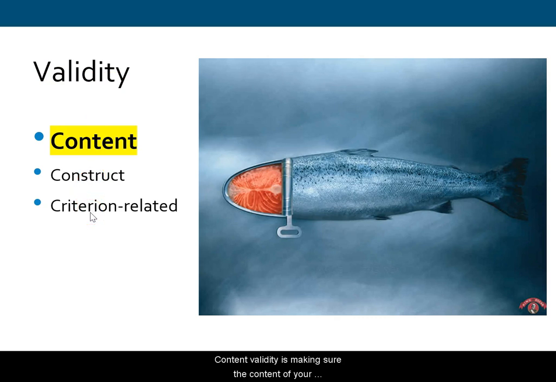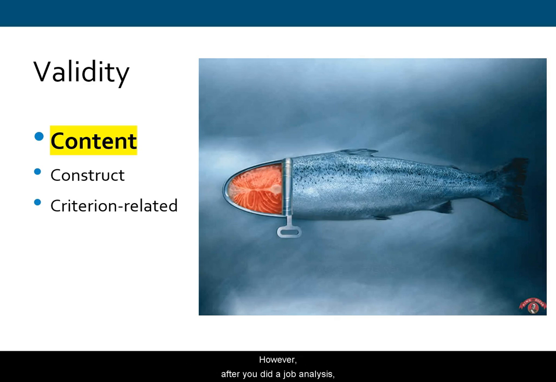Content validity is making sure the content of your measurement is valid. For example, if you want to hire a science teacher for a high school, and the measurement you choose is the score of a physics test, you plan to hire the person who scores the highest on this measurement.